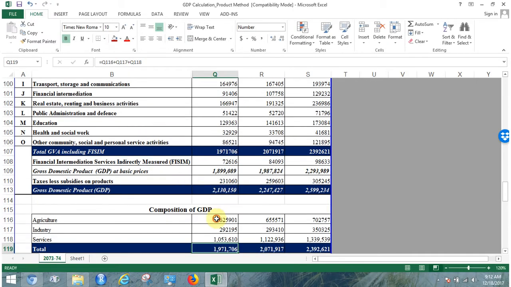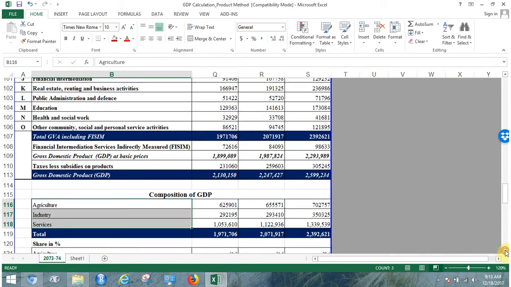So now we apply this formula for all 3 years, which gives us the value added by these broad economic sectors.